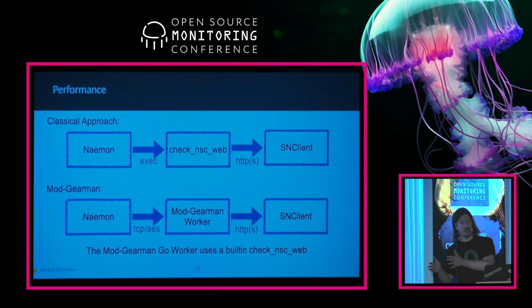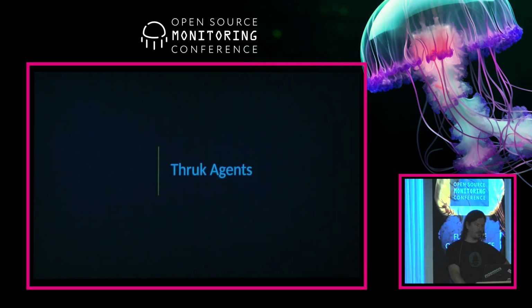So whenever the Gearman worker notices there is a request with check_nsc_web, it doesn't execute the command, it just sends the HTTP request. So there's no disk access required for the second approach.